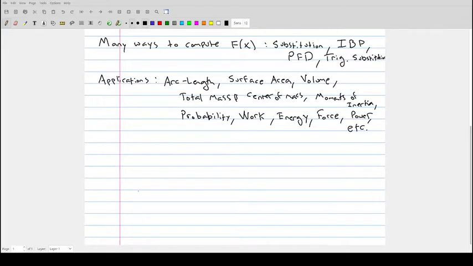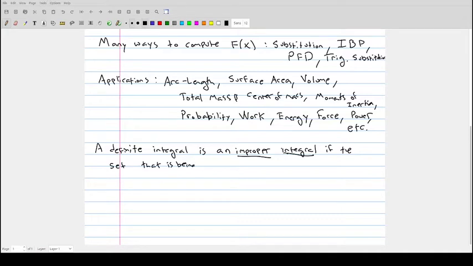So we say that a definite integral is an improper integral if the set that we're integrating over has infinite size.